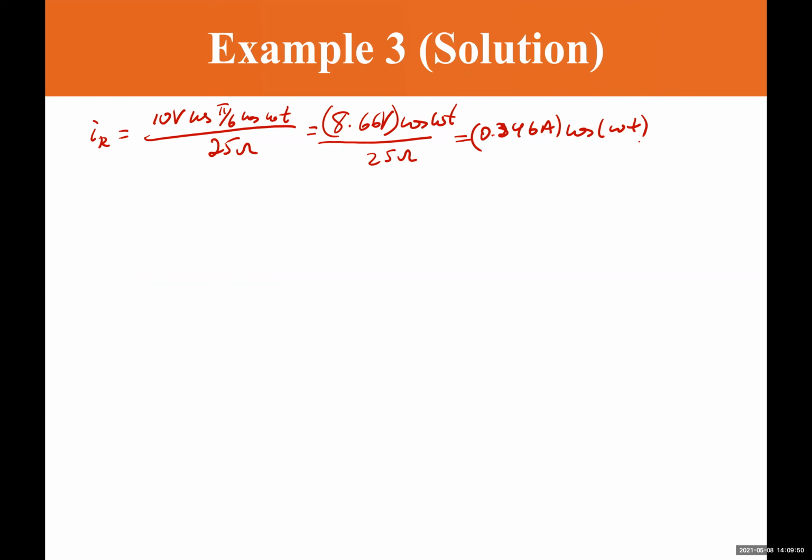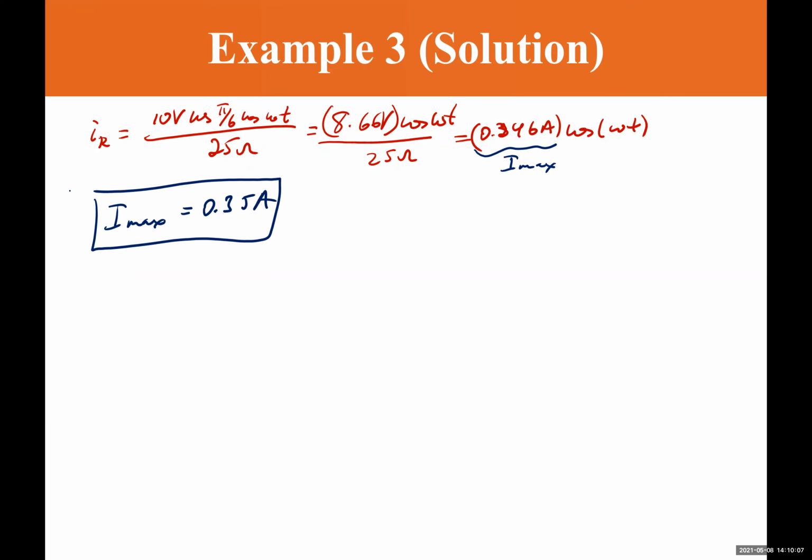From here I can see that this is my Imax, because Imax cosine omega t. That means my peak current Imax equals 0.35 amps. There you go. So that will be my calculation for the peak current using the loop rule, the time varying voltages, and the trig identity.